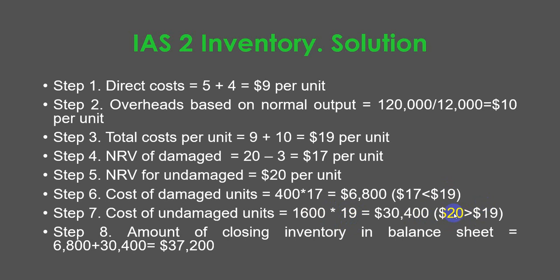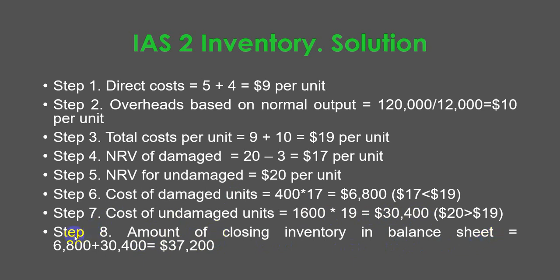In this case, net realizable value is $20 and cost is $19. So the cost is lower, so we take cost, and this gives us the amount of $30,400.